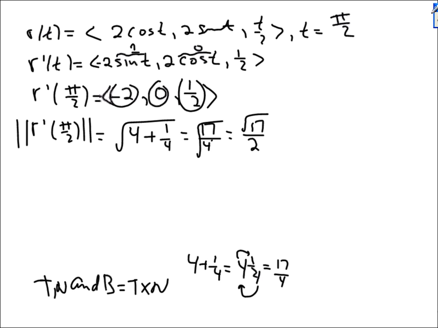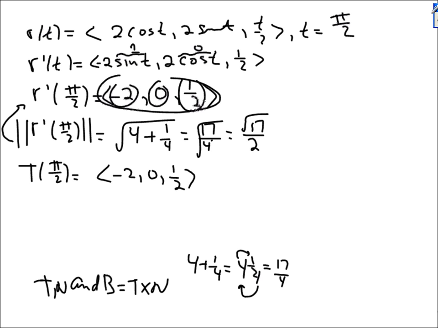So to find T, we just divide the last two. T of t, actually, you already plugged in pi over 2. T of pi over 2 is this vector, negative 2, 0, 1/2, divided by square root of 17 over 2.